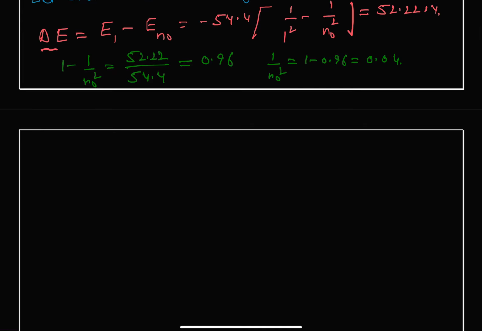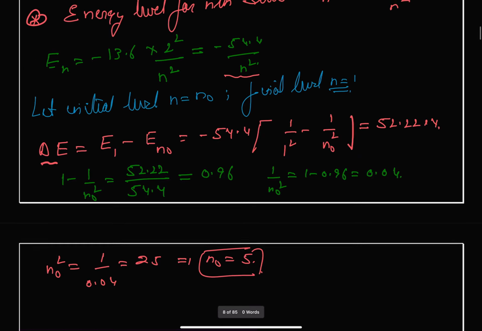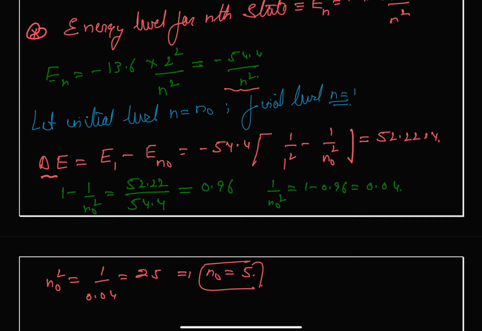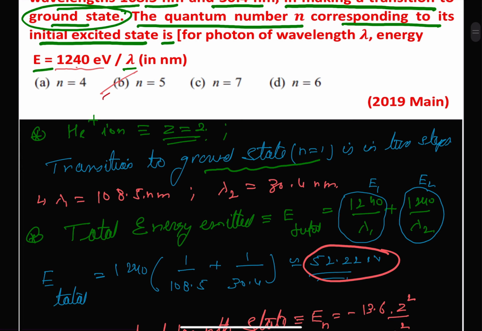Therefore we can say that our n naught square is equal to 1 upon 0.04, which will be 25, giving us n naught is equal to 5. So we get n is equal to 5. Option B is correct.